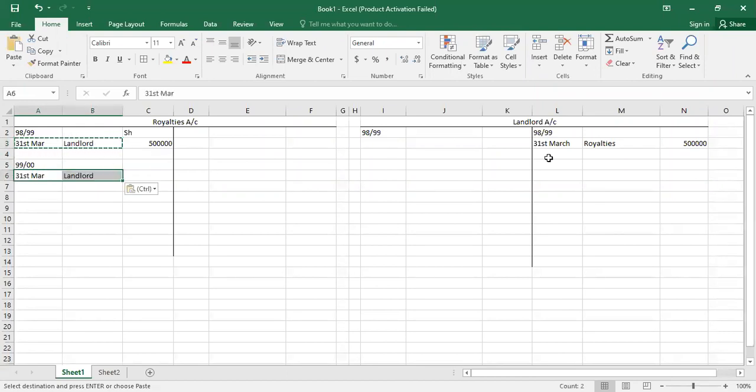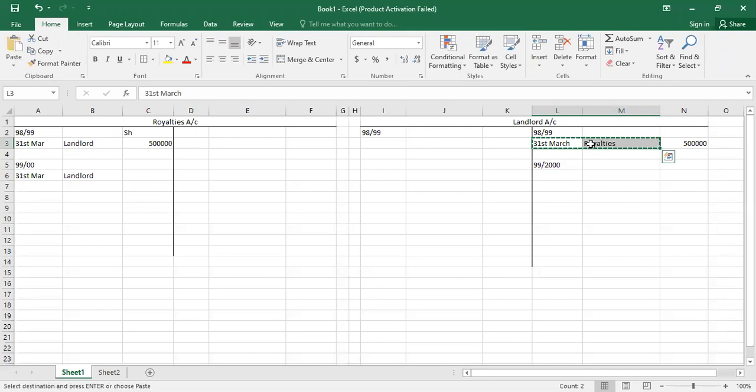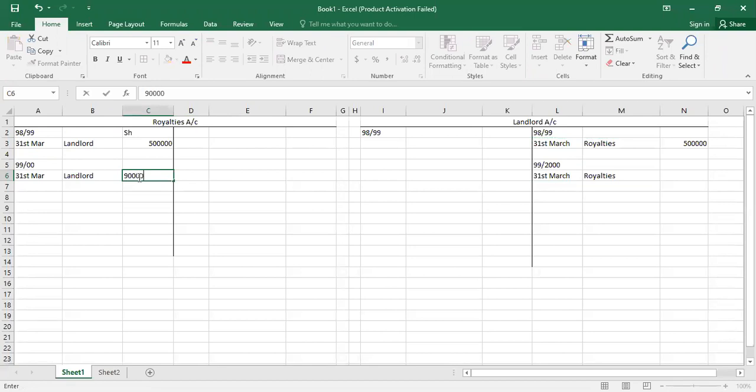What's the amount? The subsequent year was 360 tons multiplied by 2.5, which gives us 900,000.